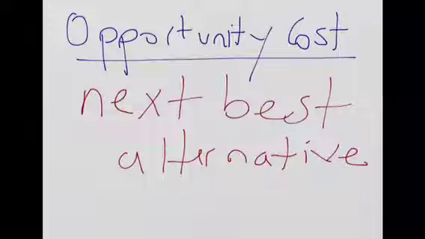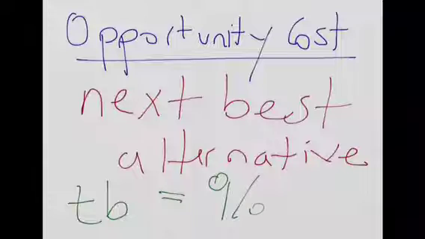Opportunity cost, definitionally, is what you would have derived had you committed or invested your funds in the next best alternative. You could imagine the next best alternative could be, for example, rather than investing in your project, let's say you had invested in treasury bills where you were earning, let's say, 9% per annum.